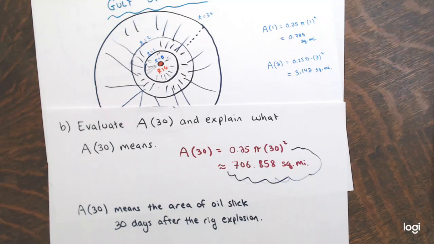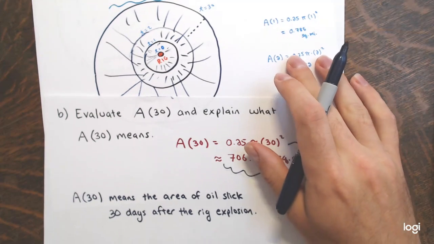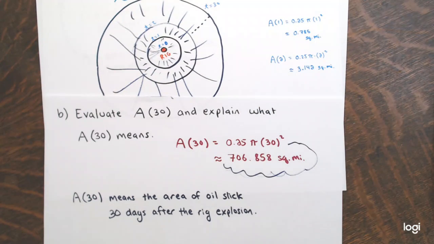And that's all it means. There's nothing really more to say about that, because that's exactly what those variables represent. 30 represents t, which is time after the explosion, days after the explosion, and A is simply exactly what I said, the area of this circular oil slick, the area of contaminated water around the rig. Okay, great. And that's really all you have to read into things.